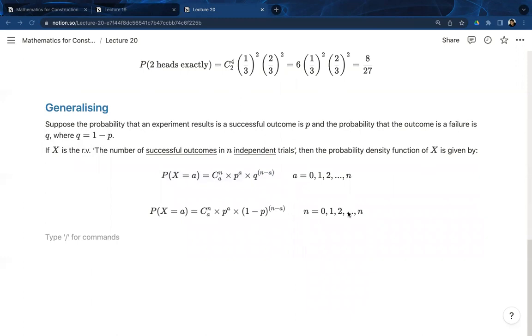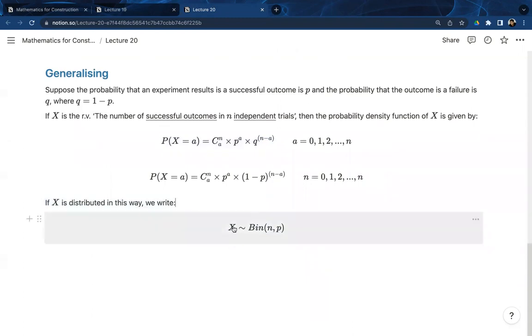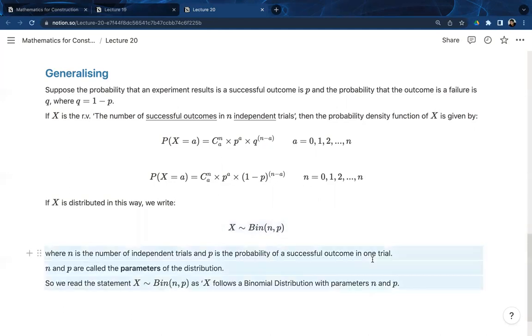So if X is distributed in this way, we write X, then this little squiggly line, this tilde character, kind of like approximate, but 1 instead of 2. We say X is distributed binomially with parameters n and p. And the parameters are stated in order, n first, then p.